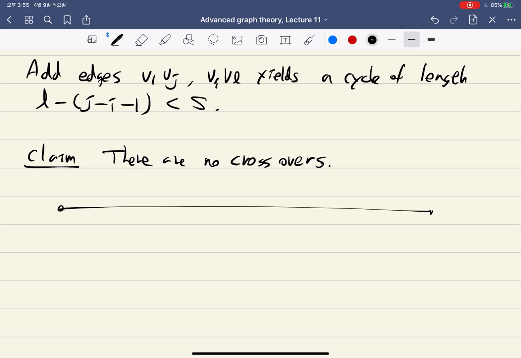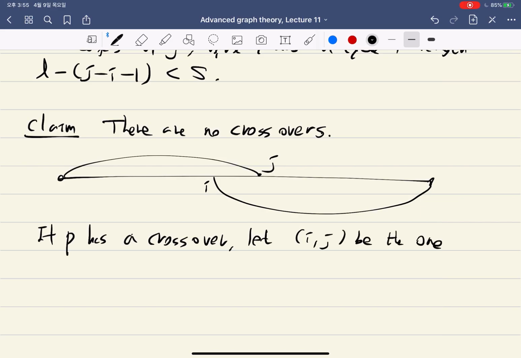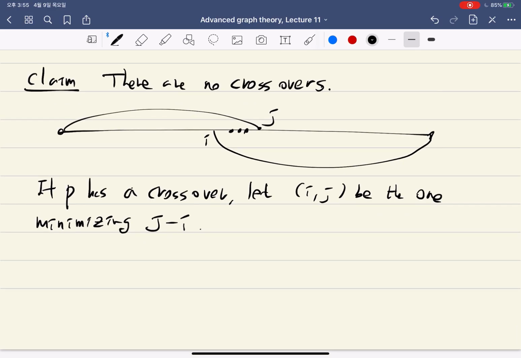If P has a crossover, we choose one with this I and J. Let IJ be the one minimizing J minus I. So that means any vertex in between is not a neighbor of P1 and not a neighbor of PL.